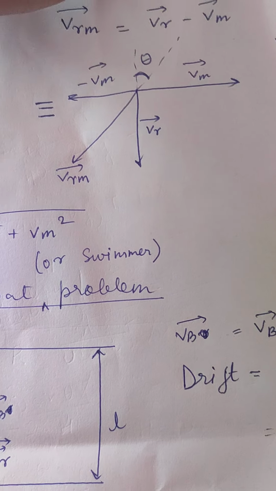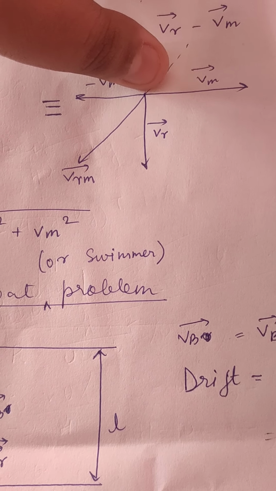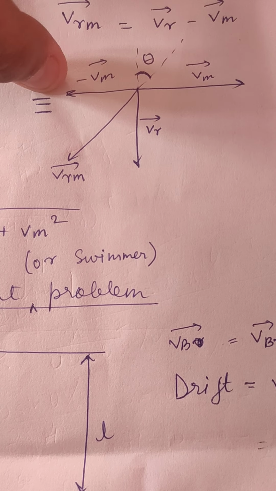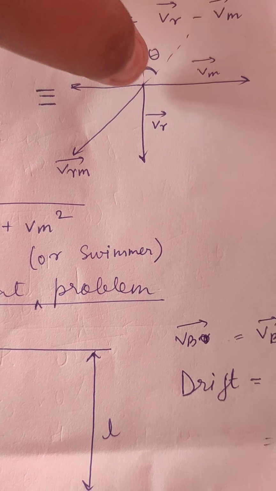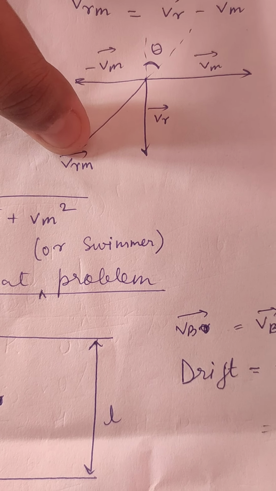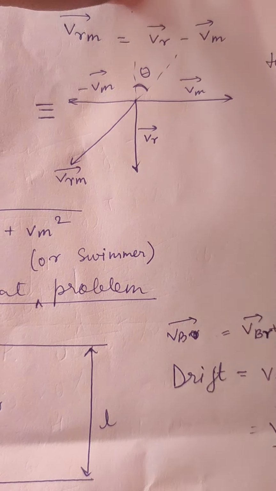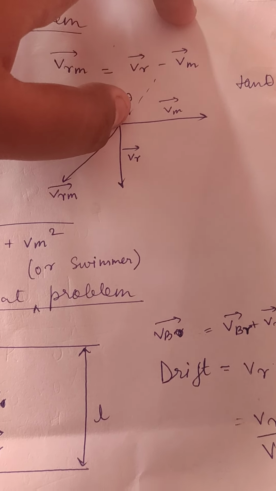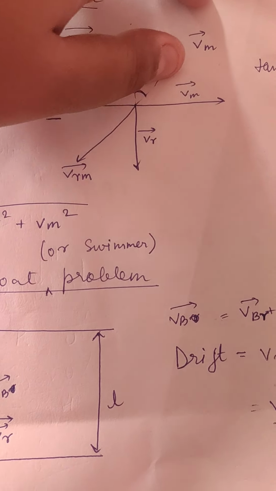Reverse the vector and add it, right? So Vm is in this direction, so minus Vm is in this direction. So minus Vm and Vr's resultant is this Vrm. So to not get wet, the man has to slant the umbrella at this angle.